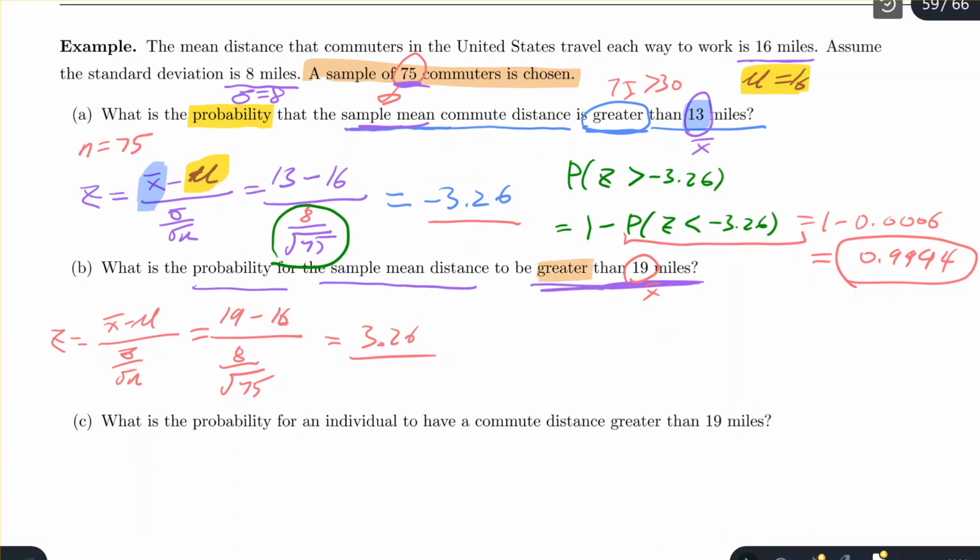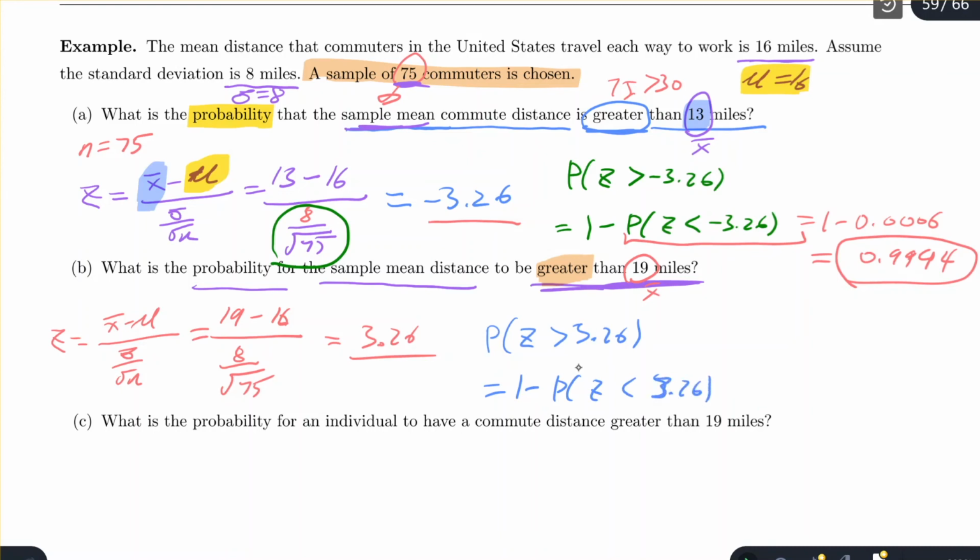Since it is greater, we have to do 1 minus. So we're finding the probability of z greater than 3.26, which is 1 minus the probability z less than 3.26.